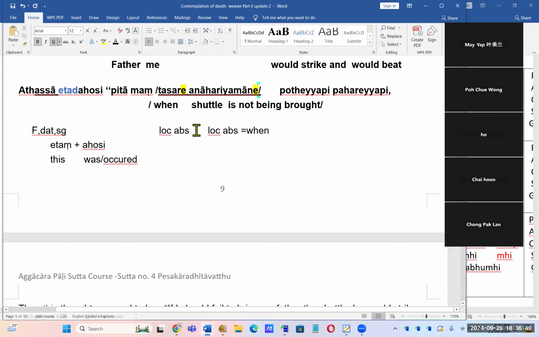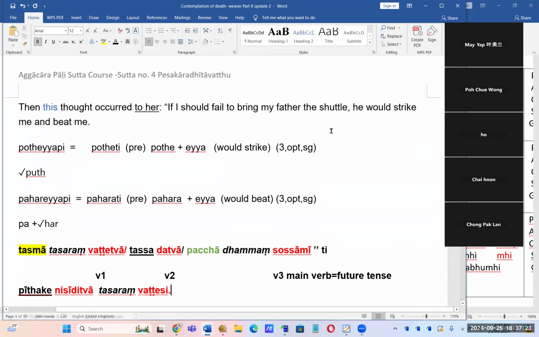We use the term locative absolute, so we translate it as when or while. So instead of normal location, we use it to indicate the time. So when we say locative absolute, it refers to time. Yes, it refers to time. It's not location anymore. So this is one of the special grammar points. I think you'll find it in one of the chapters in Pali Basic.